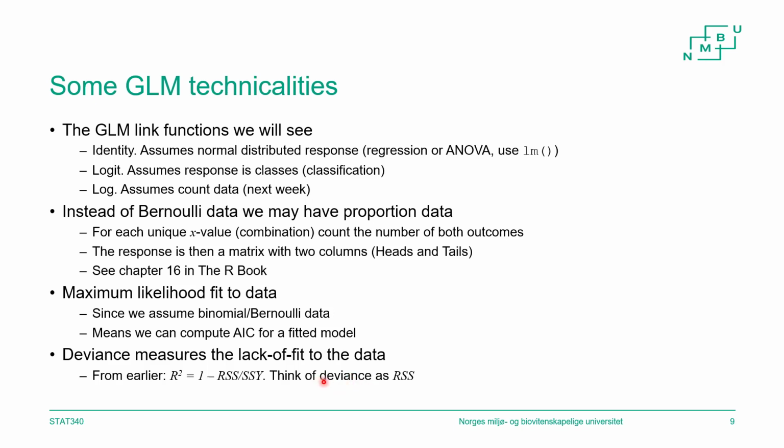As a rule of thumb, you can say that the deviance should not be much bigger than the degrees of freedom for a model that fits the data well. If the deviance is much bigger than the degrees of freedom, it means a poor fit. If it's super small compared to the degrees of freedom, it could be an indication of overfitting. We can perhaps come back to that.